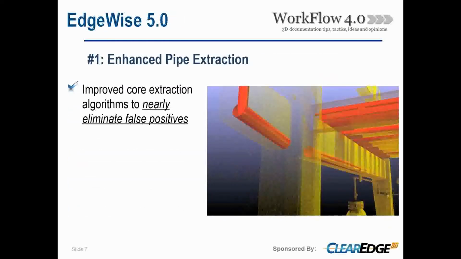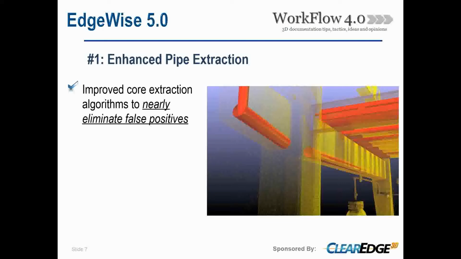All right, so let me go through these in a little bit more detail. The first one, enhanced pipe extraction. We spend a lot of time improving the core extraction algorithms to the point where we nearly eliminate the false positives.